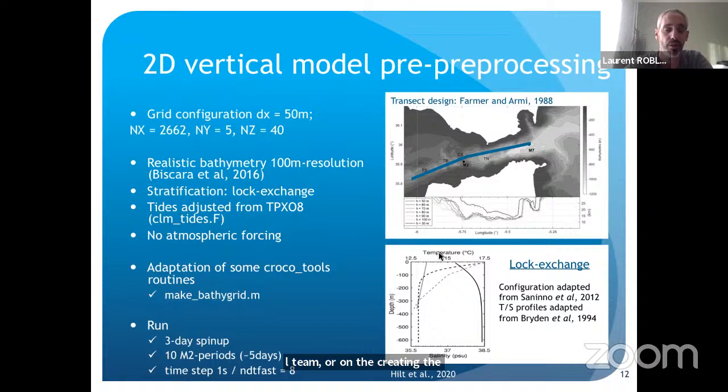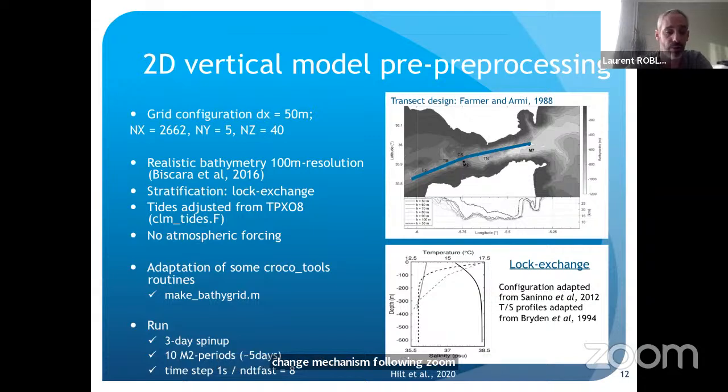The stratification in temperature and salinity profiles is adapted from the work of Bryden et al. And the model is started with a lock exchange mechanism following the initiative by Sannino et al.